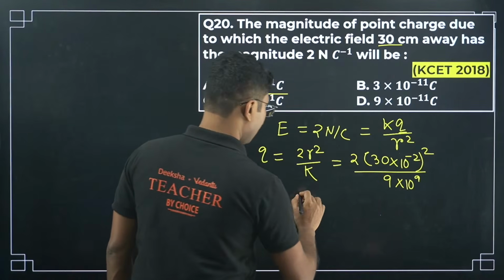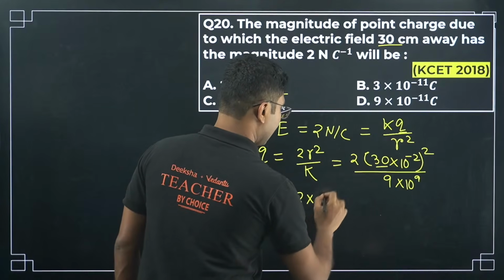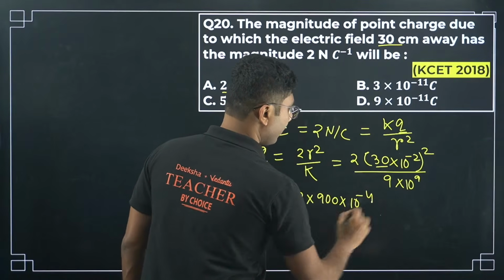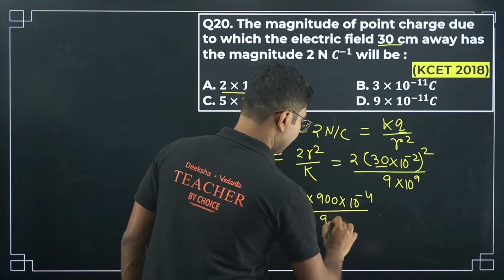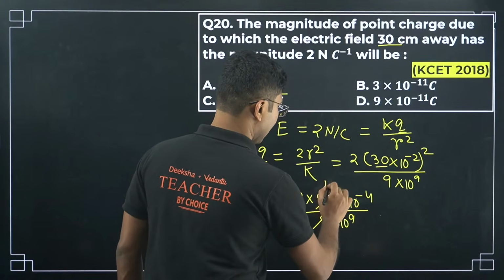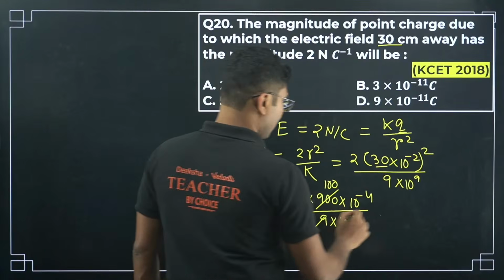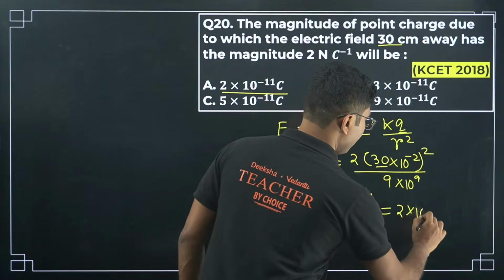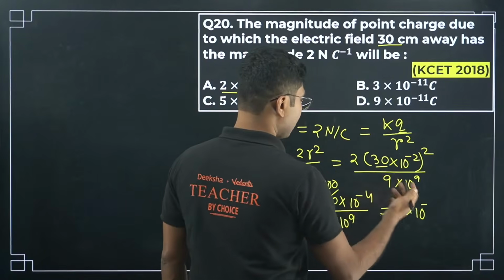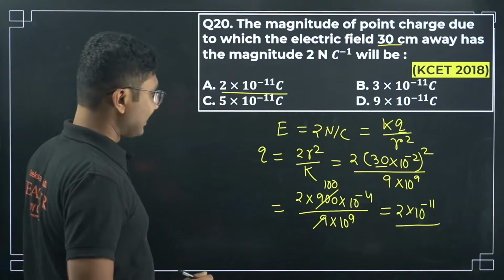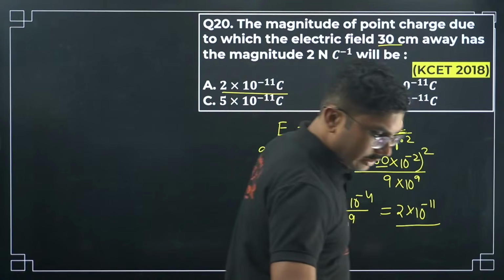So it will be 2 into 900 into 10 to the power of minus 4, divided by 9 into 10 to the power of 9. So it will cancel, get 100. So you will get 2 into 10 to the power of minus 11.